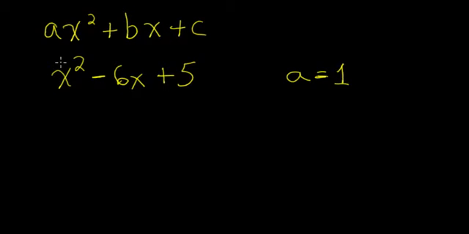These invisible 1s. So there's an invisible 1 here. Now b, my sign's positive, but this one's negative. So b keeps that sign of negative 6. And c is 5.